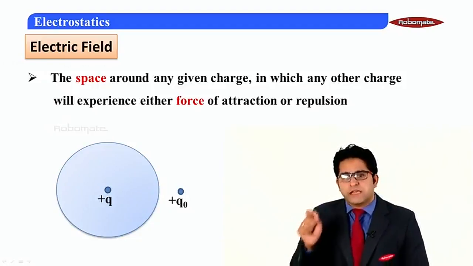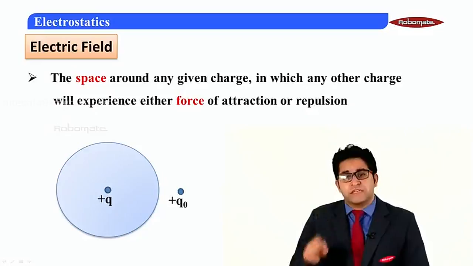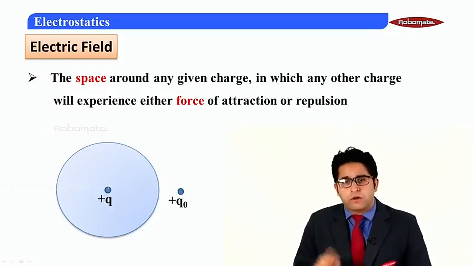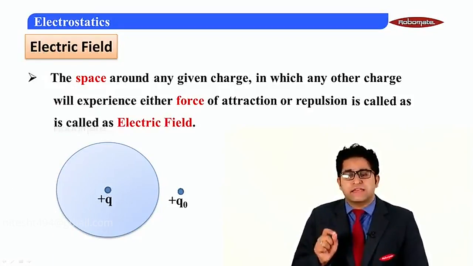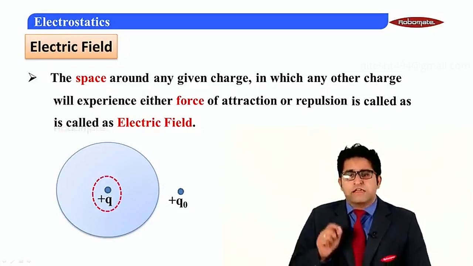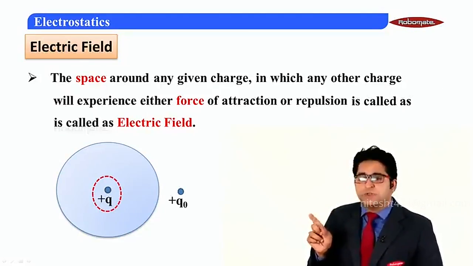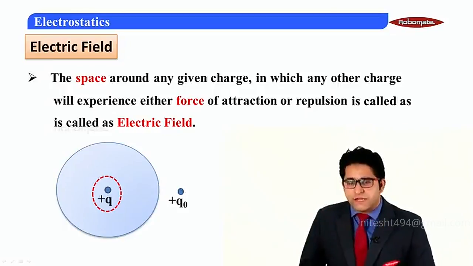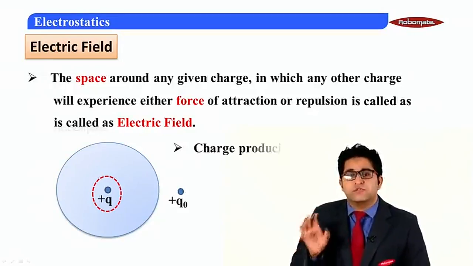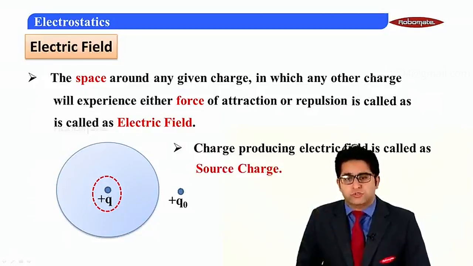So the space around any given charge in which other charge will experience force of attraction or repulsion is called as electric field. Now this is nothing but the definition of electric field. Now students, if I consider this particular charge plus Q, it is producing field. So that's why this charge which produces electric field is called as source charge.